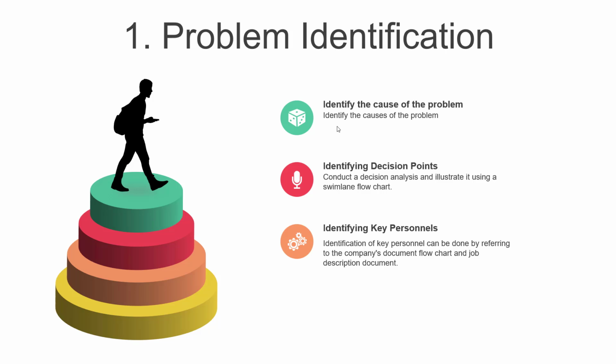And then the second one is identifying decision points. You conduct a decision analysis and illustrate it using a swim lane flow chart. Everyone does not only describe or conduct a decision analysis, but the flowchart is the best way to identify the decision points.